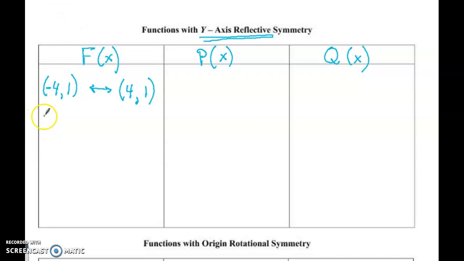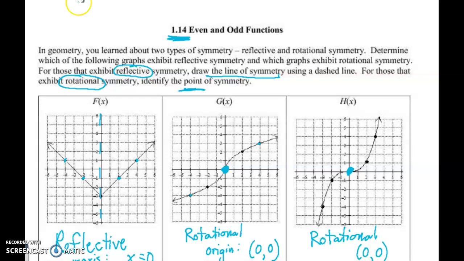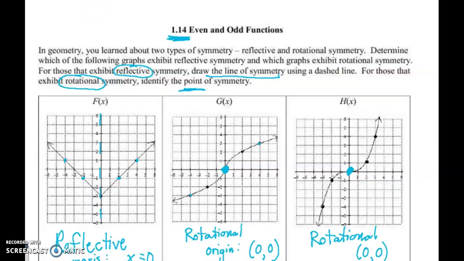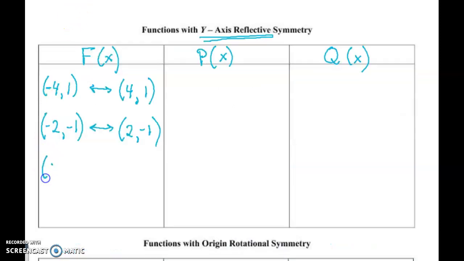Same thing goes for the next point, -2, -1, which maps onto the point +2, -1. I'm also going to point out the one that doesn't look like it maps onto anything, which is 0, -3. It does technically map onto another point, but it's actually mapping onto itself.